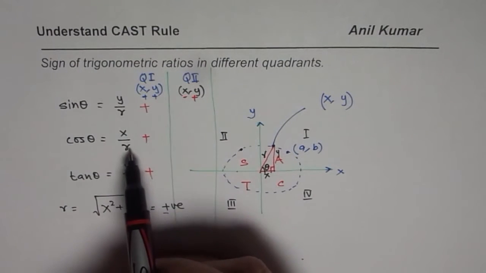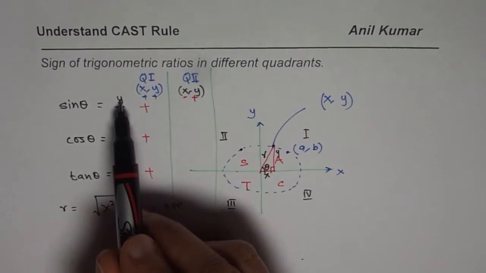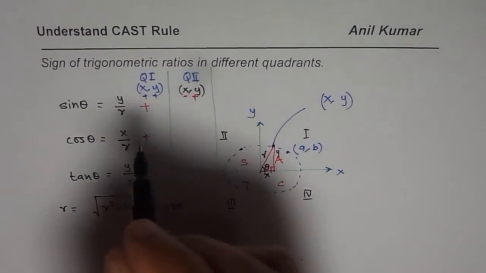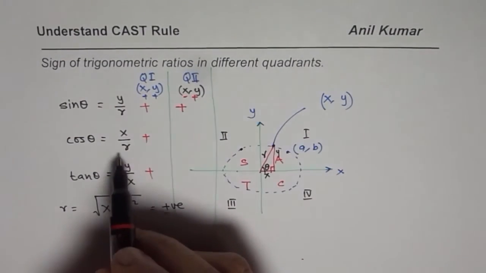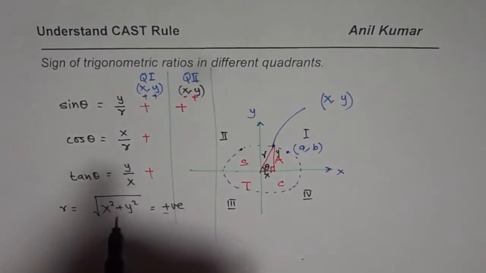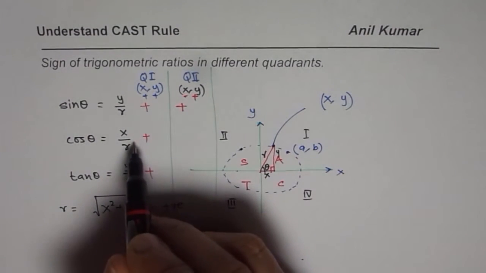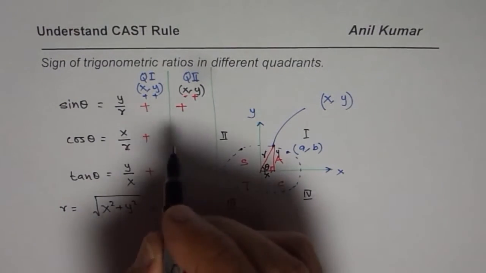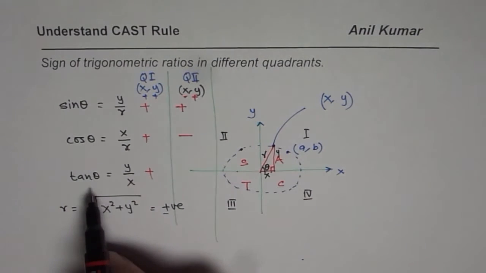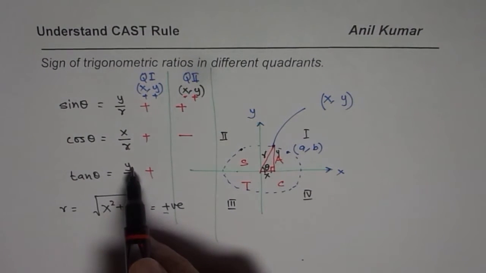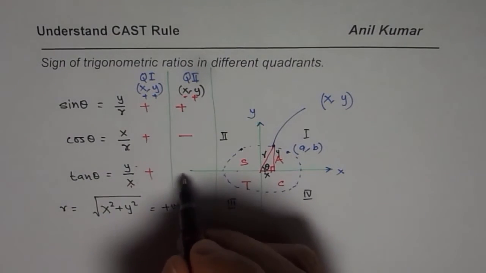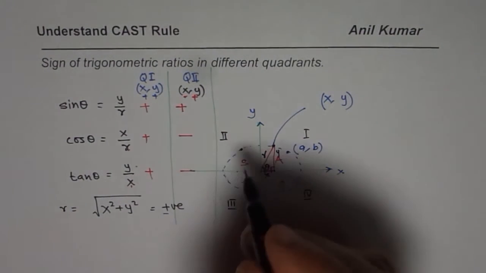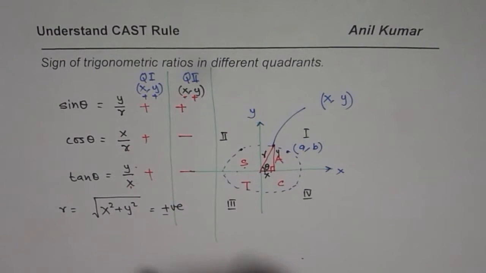Now, let us see y over r. y is positive, r is positive, so this one is positive. However, in cosine theta, x becomes negative, so negative over positive gives us negative. For tan theta, y is positive and x is negative, so positive divided by negative gives a negative answer. So in this quadrant, only sine is positive. I hope you get the point.